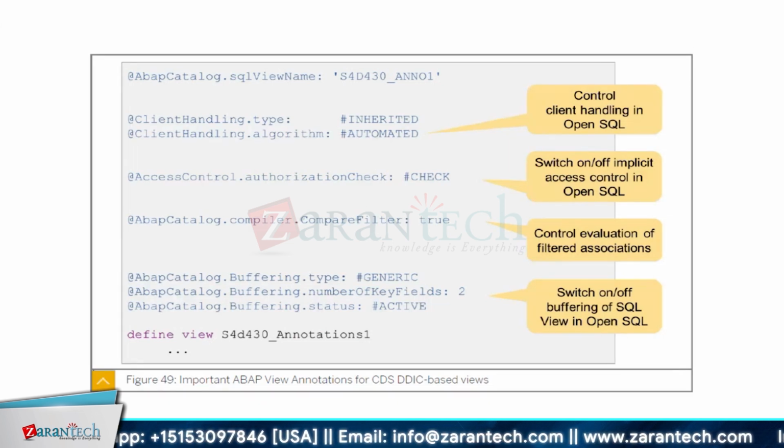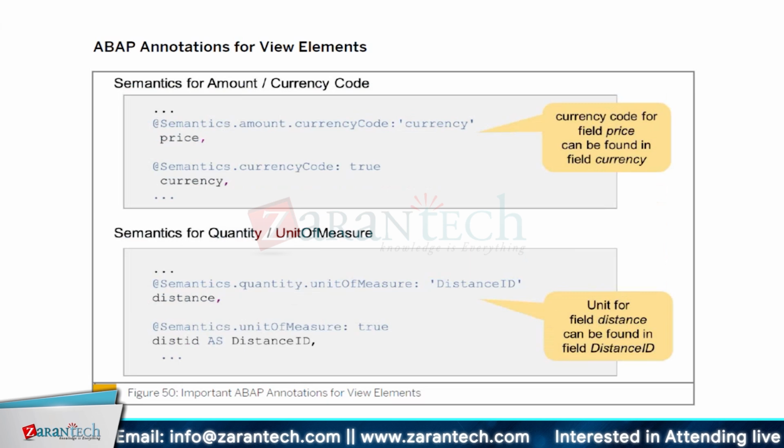This is not the right time at this moment. Whenever the right time comes, you will learn and use more annotations. Many of these annotations we will use practically when we are creating CDS views in our applications, especially semantics.